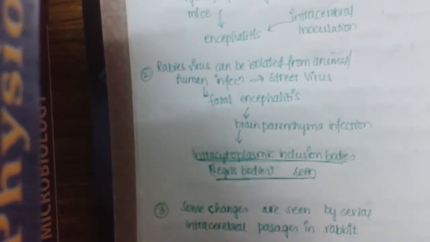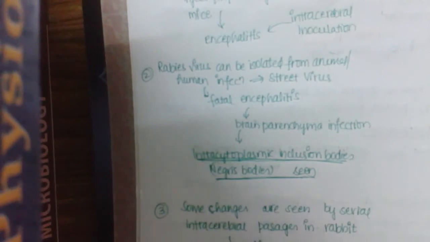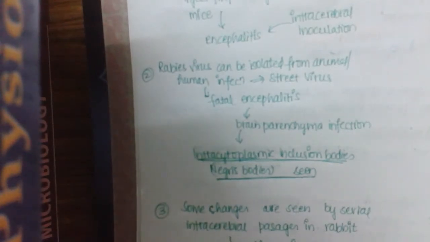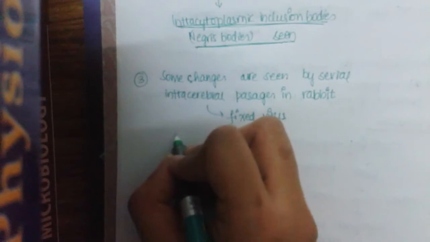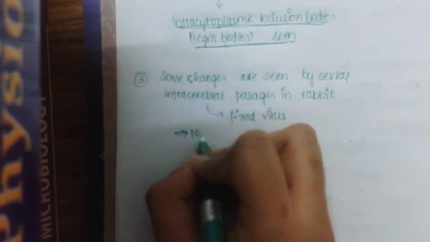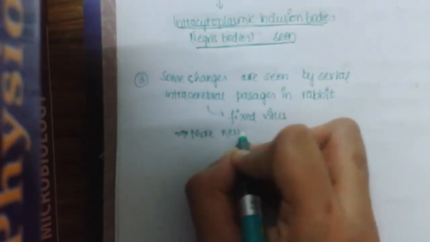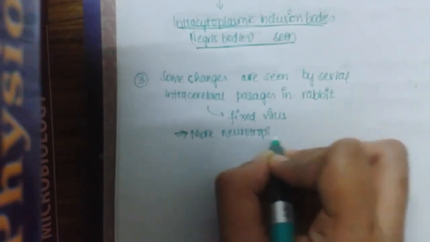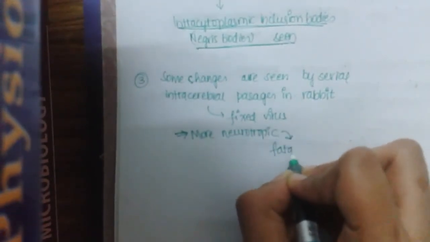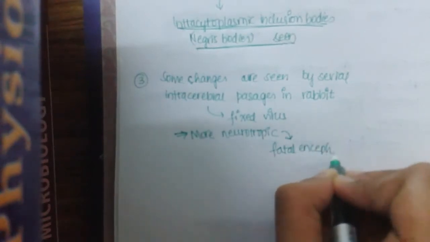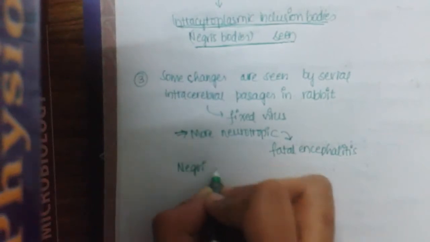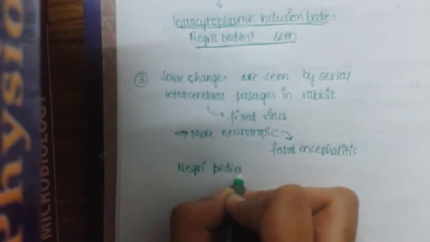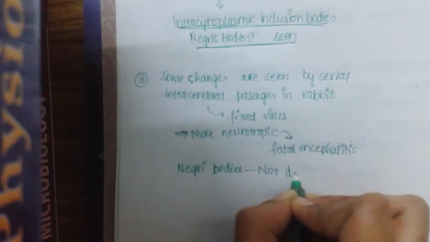So this virus is called fixed virus. Whenever the rabies virus changes slowly like this, it is called fixed virus. Here the virus will be more neurotropic, and thus it again leads to fatal encephalitis. And Negri's bodies, which are characteristic features, are not demonstrated in this rabbit.